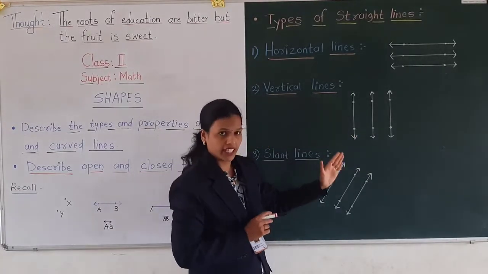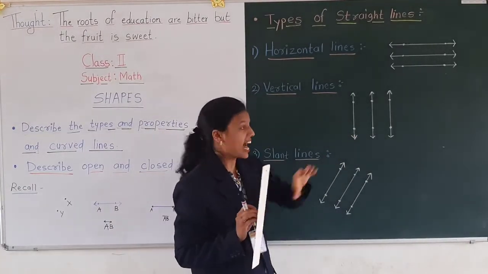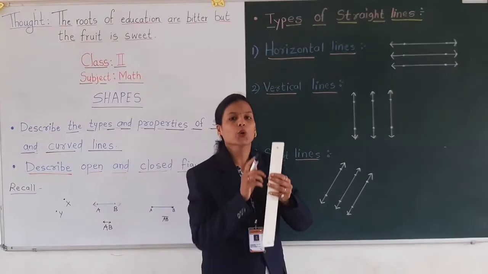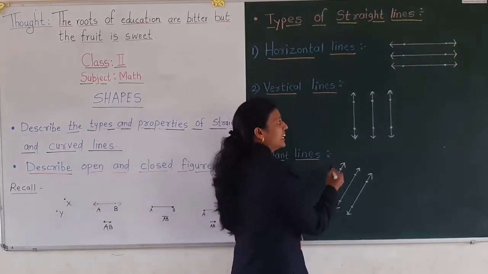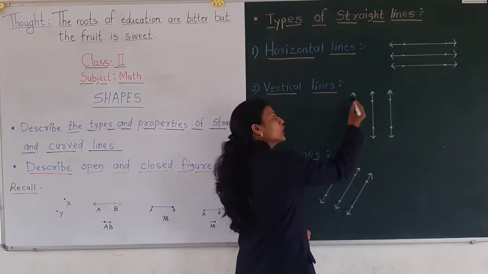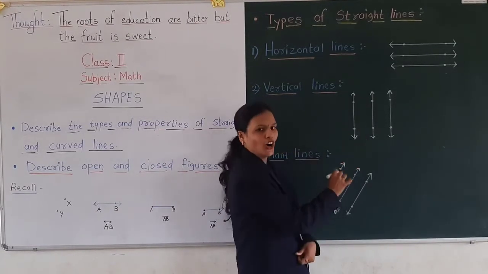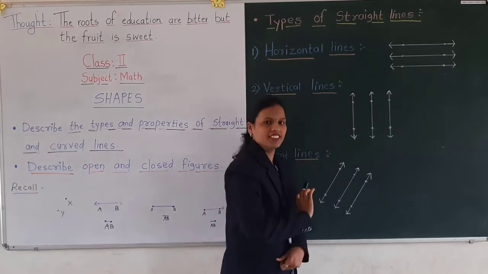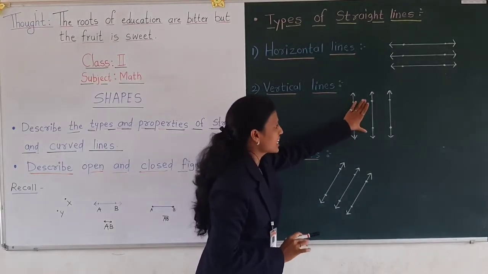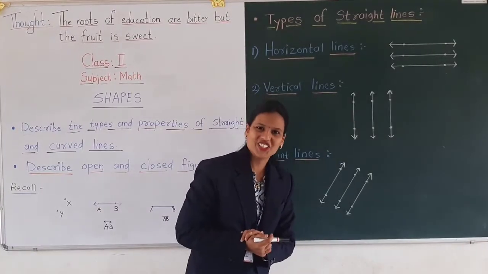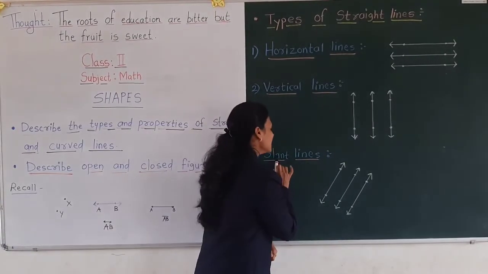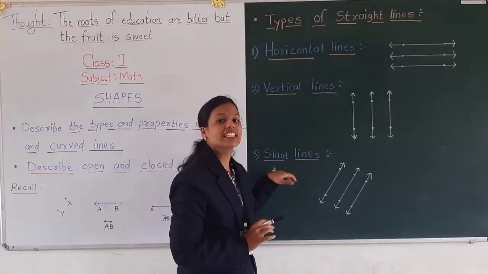Vertical lines means the standing lines. Are they sleeping over here? No. The standing lines. The lines drawn from top to bottom or bottom to top, right? These lines are called vertical lines. Okay students? Now, the third part is slant lines.